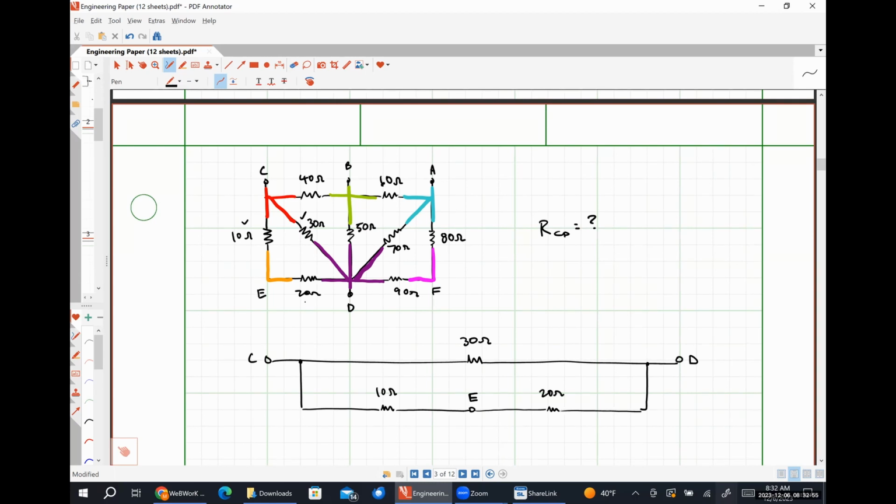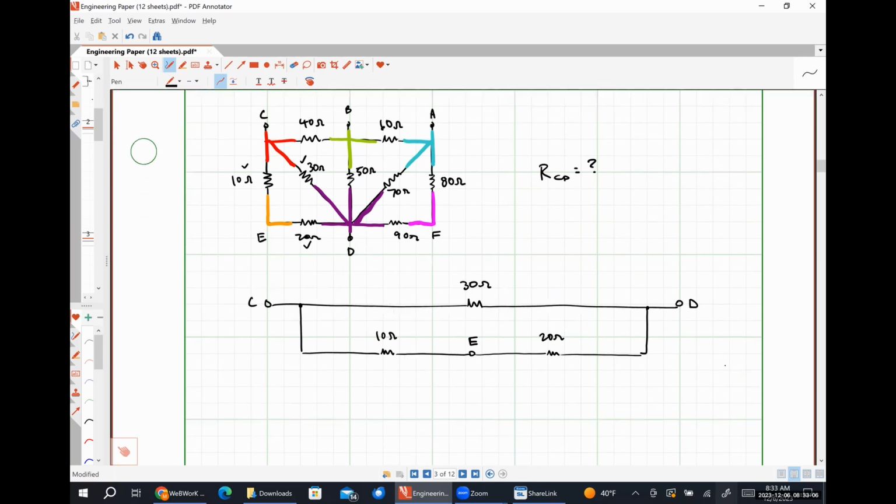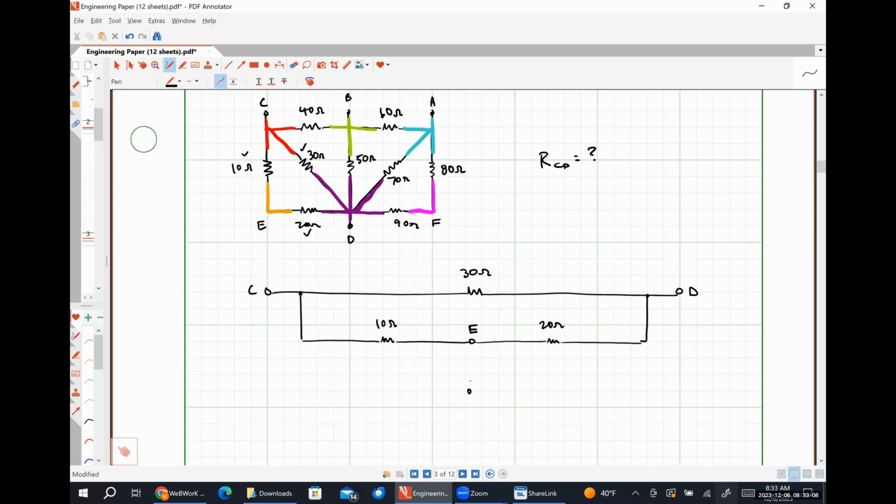So I've taken this guy into account and this guy into account. All right. What's a different way that I can go from C to D? C to B to D. So let's put B right here. To go from C to B is through the 40 ohm resistor. And to go from B to D, the easiest path is through the 50 ohm resistor.